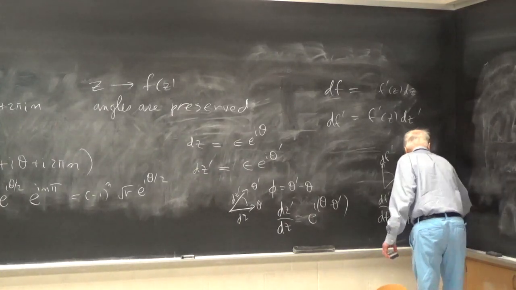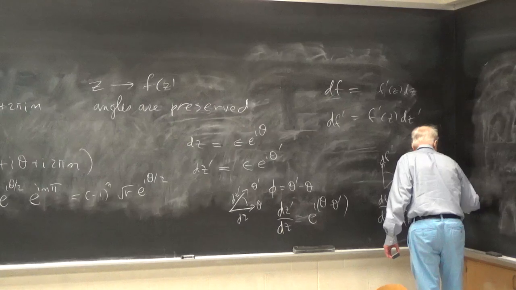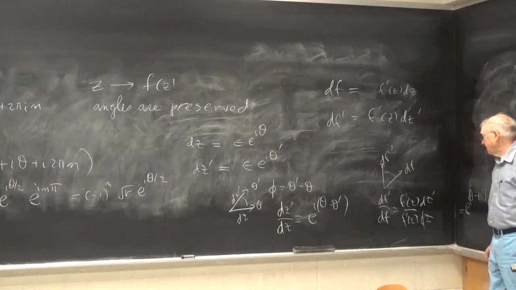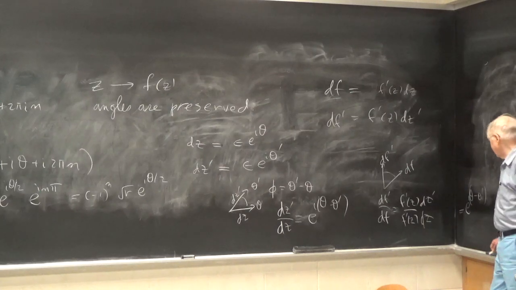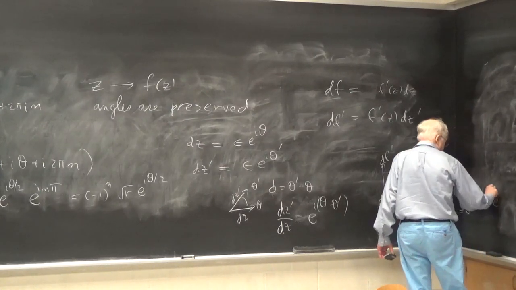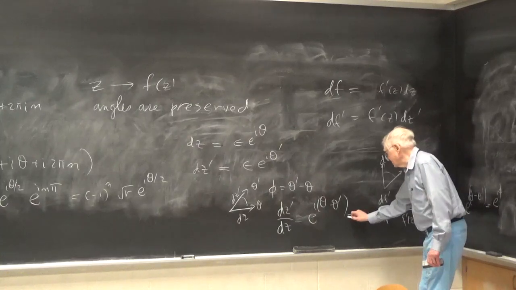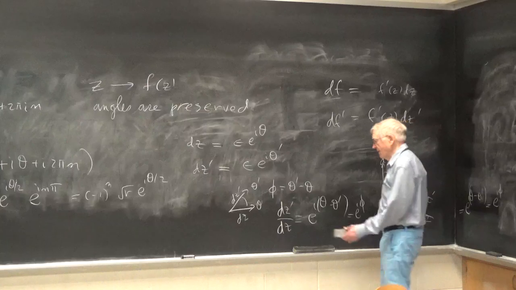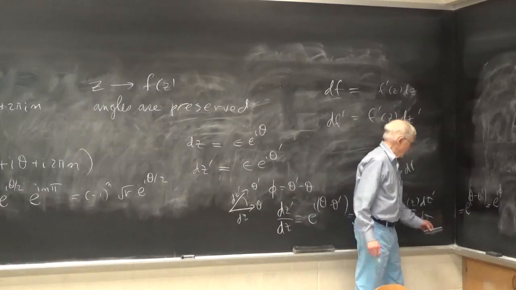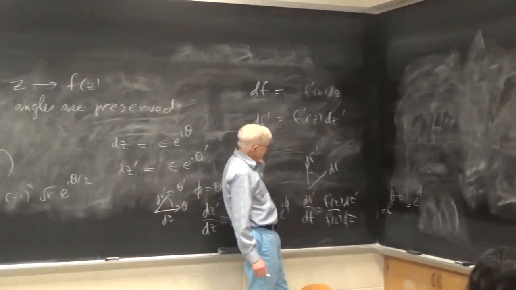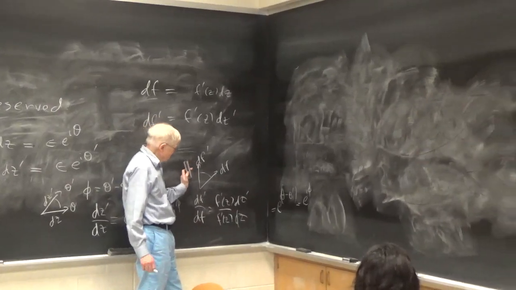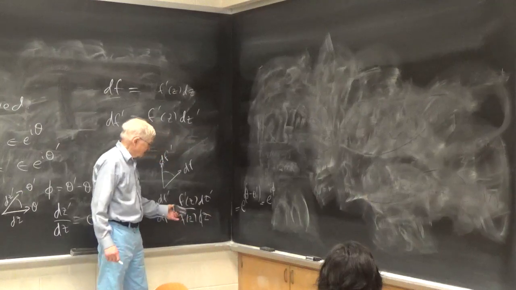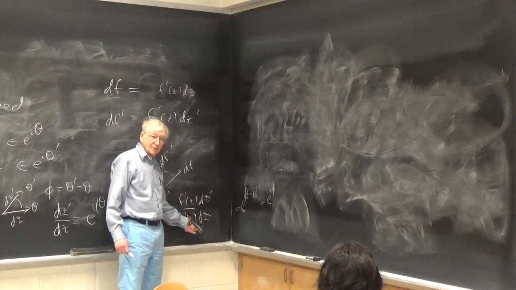So this is e to the i theta minus theta prime, and this is e to the i phi. So phi is defined as theta minus theta prime in the z-plane. And when you take the ratio of df prime over df, you get the same angle because you just get dz prime over dz.